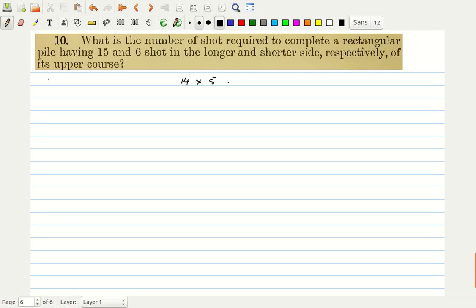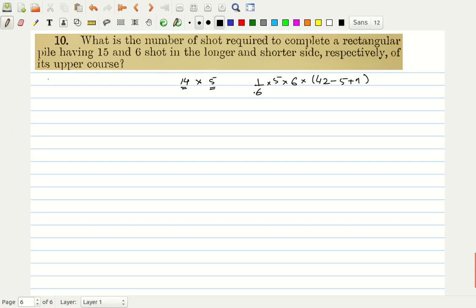So we have to just find how many balls are there in the complete rectangular pile with 14 balls in the longer side and 5 balls in the shorter side. So that is equal to 1 by 6 times 5 times 5 plus 1 is 6 times 3 times 14 is 42 minus 5 plus 1.